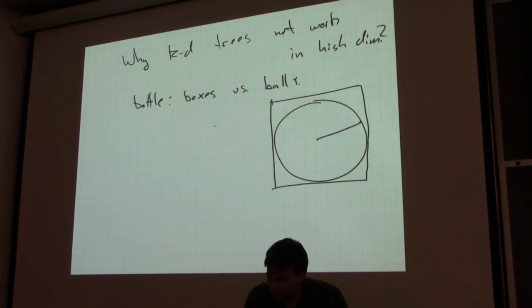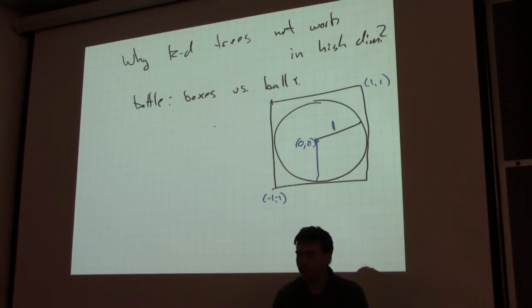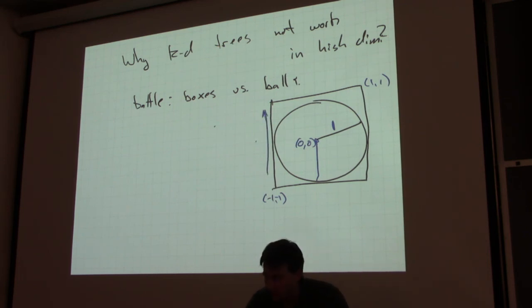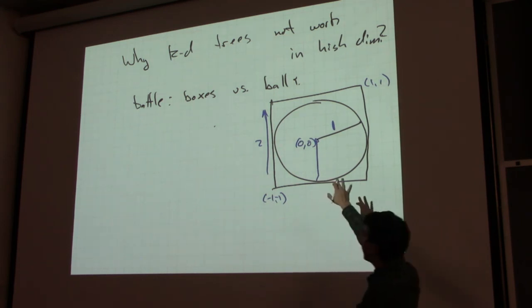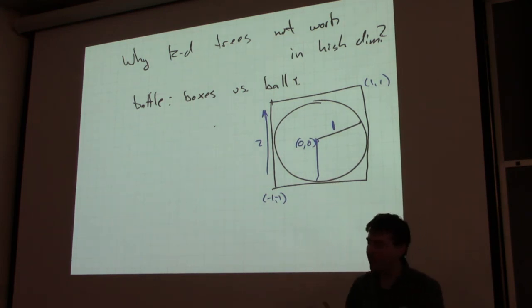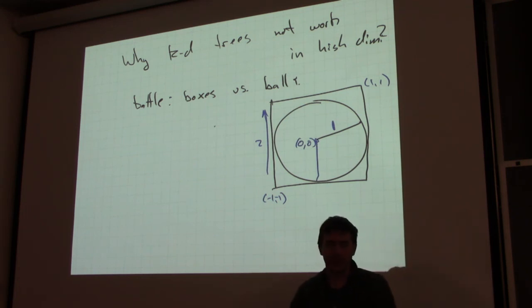Say this is a ball of radius 1. Then we can think of this as being the origin, and this corner being 1, 1, and this being -1, -1, and so forth. So it's a 2 by 2 box. The distance here is 2, and the diameter of the ball is 2. In 2D, it looks pretty reasonable. It's not too bad. There are some corners, but it's a reasonable approximation.